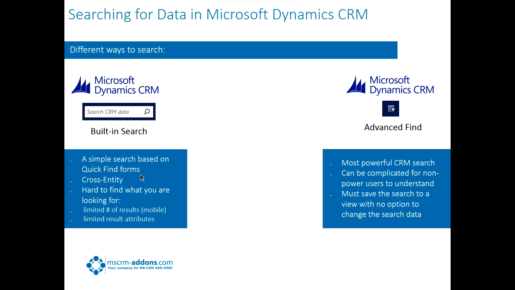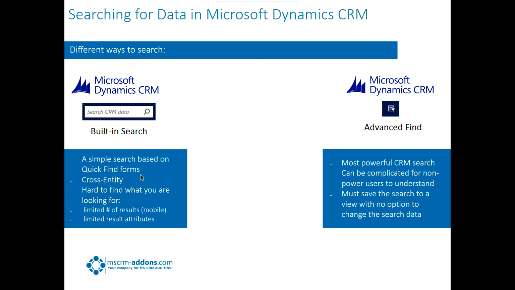But this can be complicated for non-power users to understand and use effectively. The other thing about it is, once I have an advanced find that's returning the data I need, in order to use it, I really have to save the search to a view, with no option to change the search data. So I'm locked into those search parameters and that data that I'm searching for.